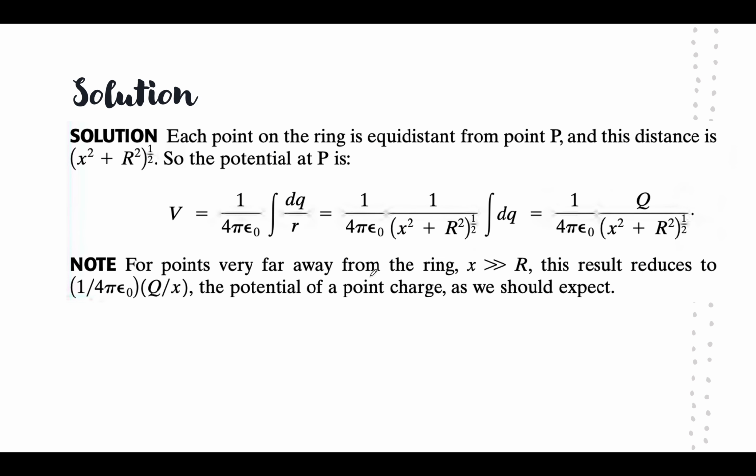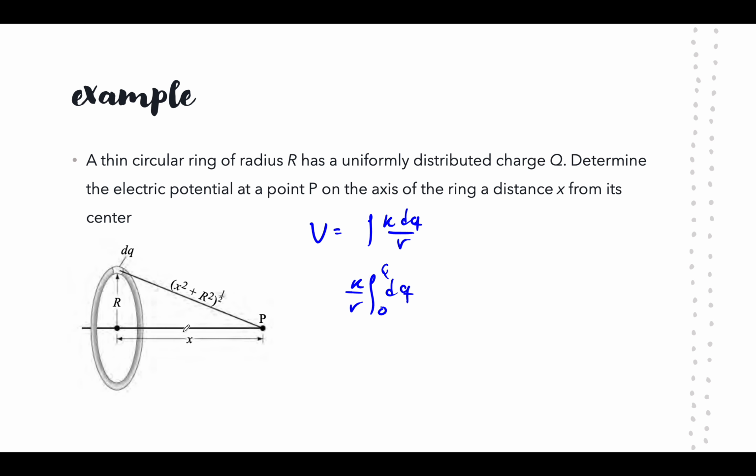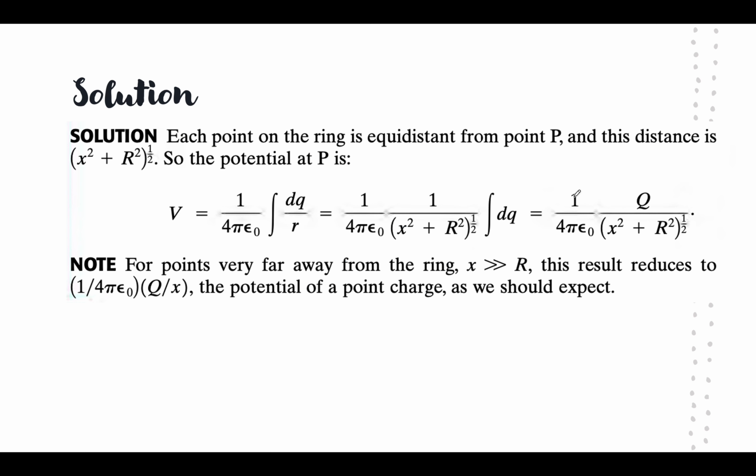So when we integrate this, we have our potential, which is going to be equal to kq over r, evaluated from 0 to q, which is equal to kq over r, which is equal to kq over x squared plus r squared to the power of 1/2, which is our answer here.